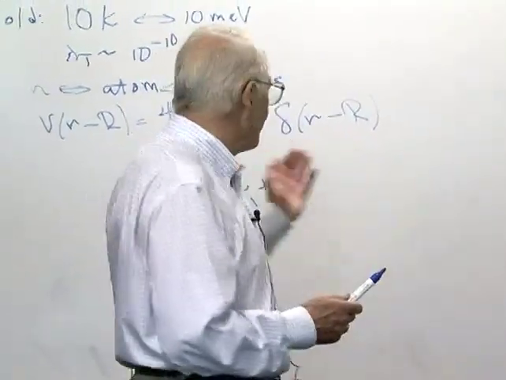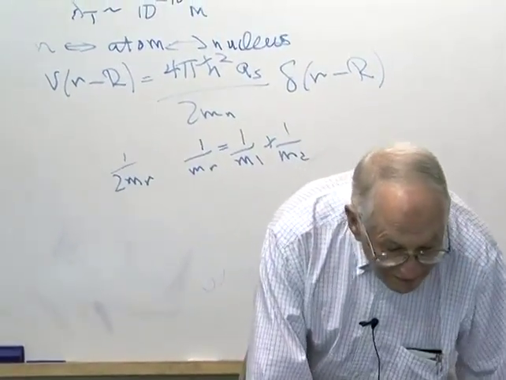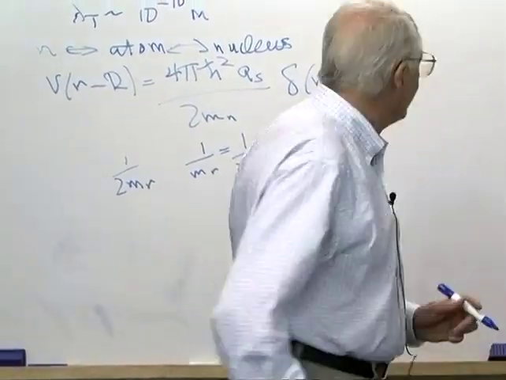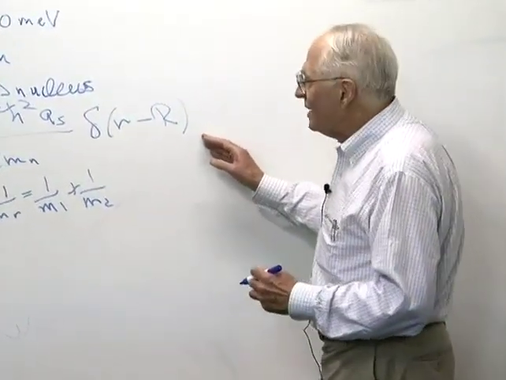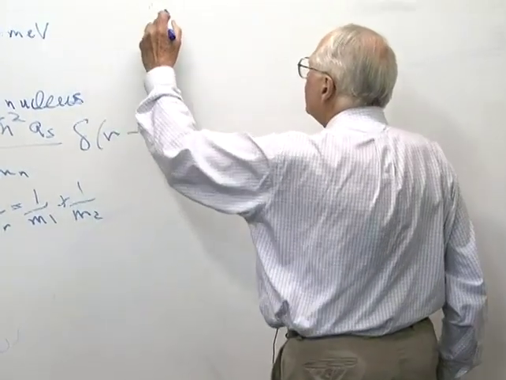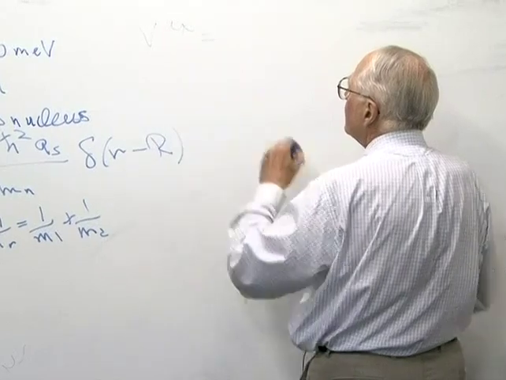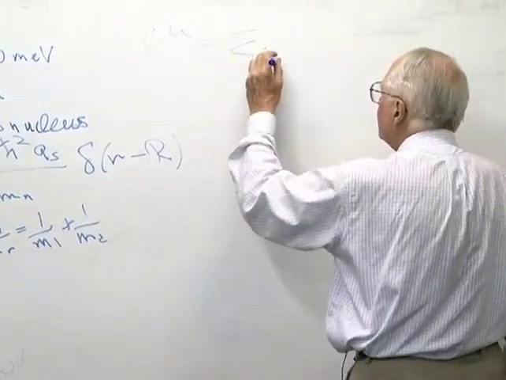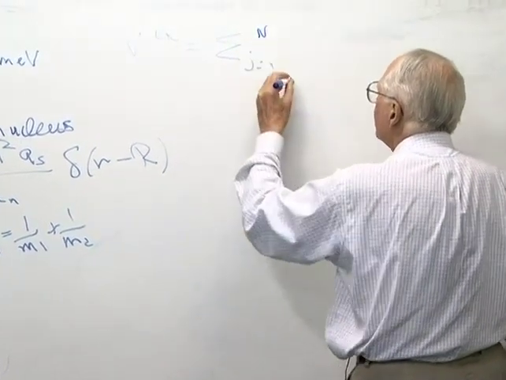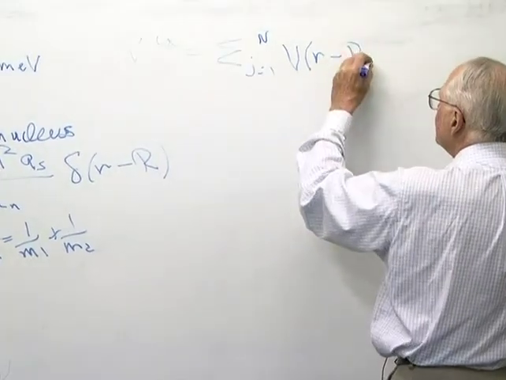Yeah. This is all we're going to need. Now, if you have a whole assembly of atoms, then the total interaction, V external, which interacts with this, is just the sum over j equals 1 to n for n atoms of V of r minus r_j.